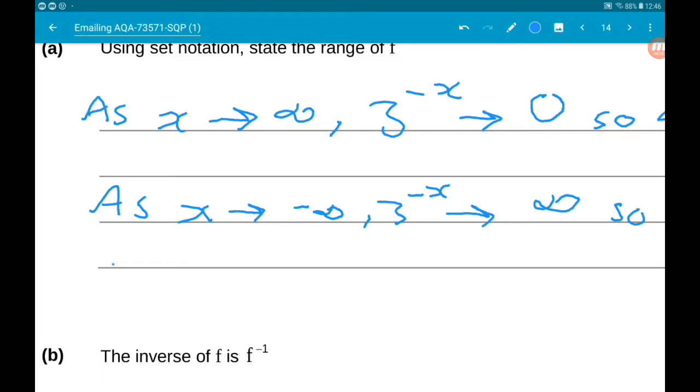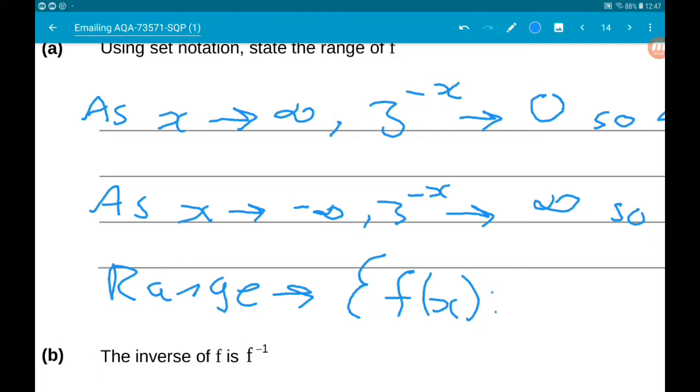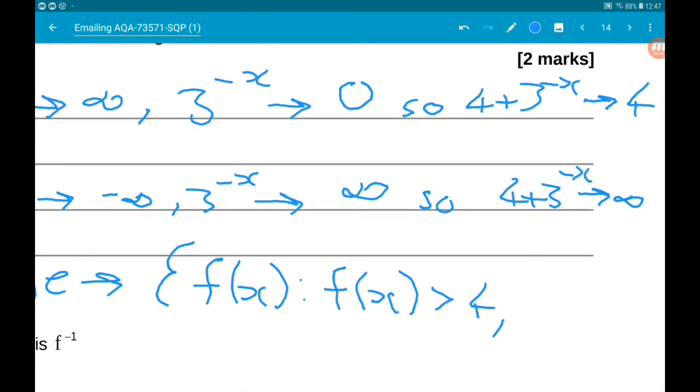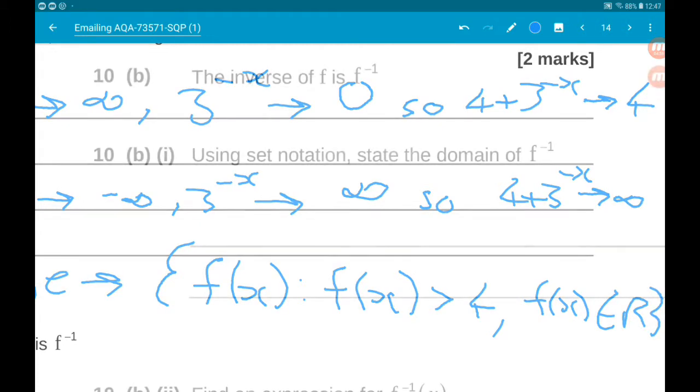So the range in set notation is f of x such that f of x is greater than 4, and we also need to say that f of x is an element of the reals. Cool.